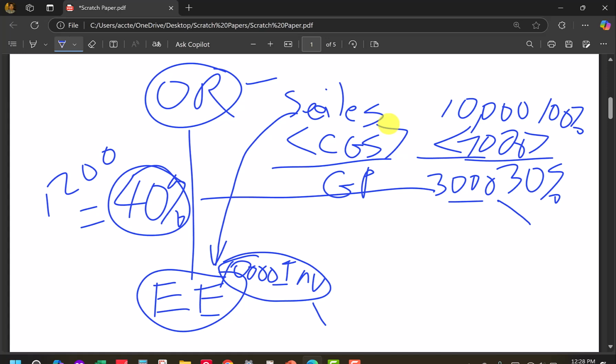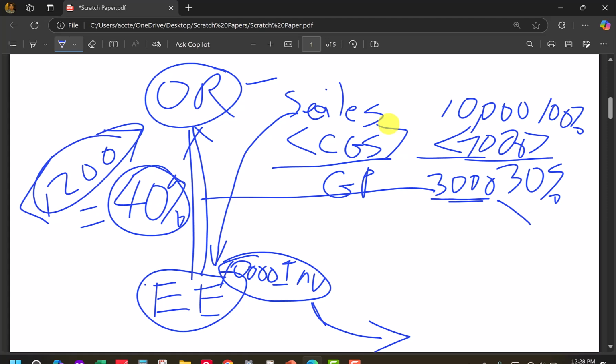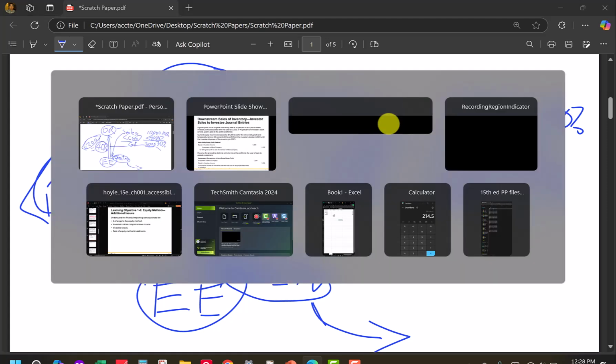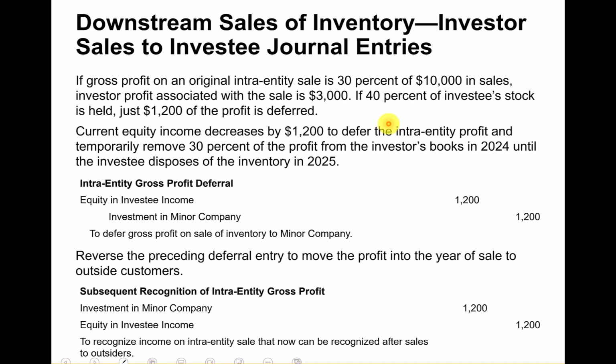You still report all $3,000, but then you reduce the investment income reported by the investor by this amount. Then next year, when the investee sells all $10,000 of inventory, we reverse that deferred income. So let's look at the calculations and the journal entries here on the slide.